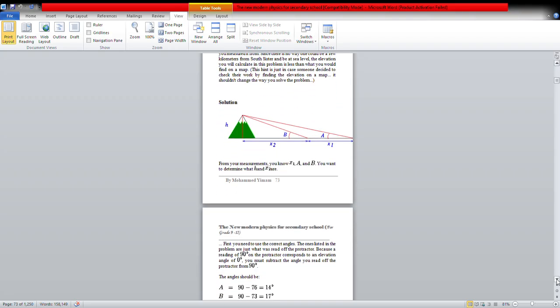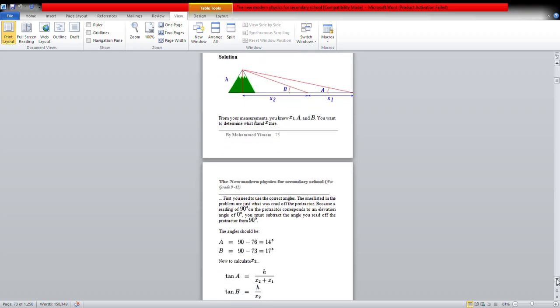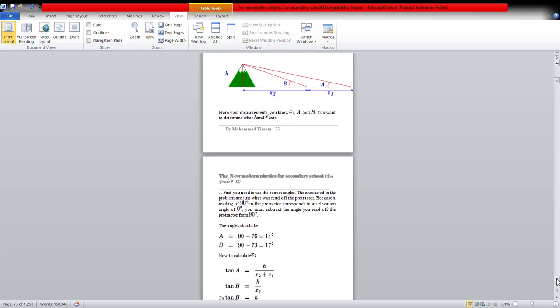Solution: look at angle A and angle B, x1 and x2, and the height. From your measurement, you know x1, A, and B. You want to determine what h and x2 are. First, you need to use the correct angles.